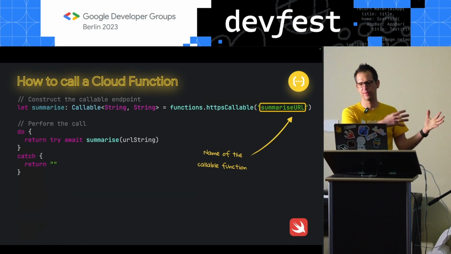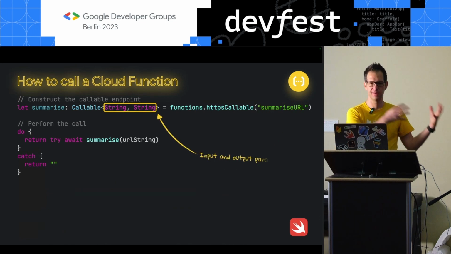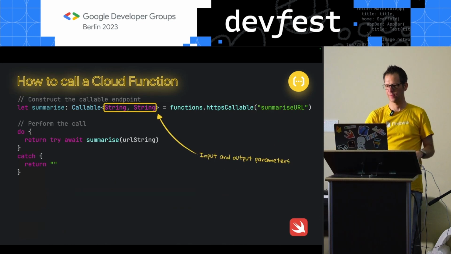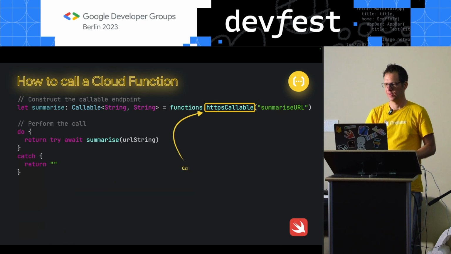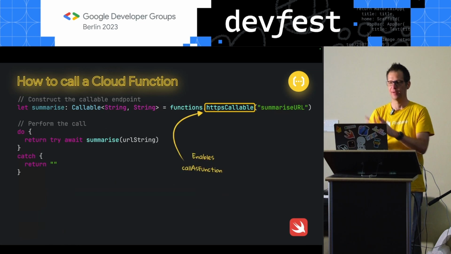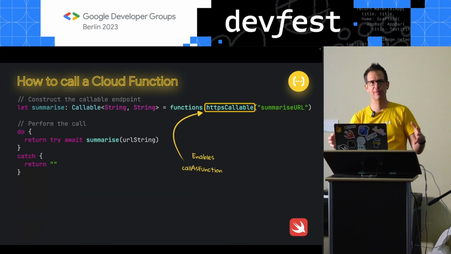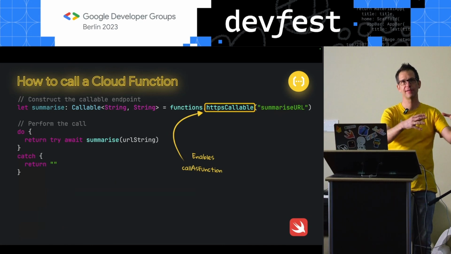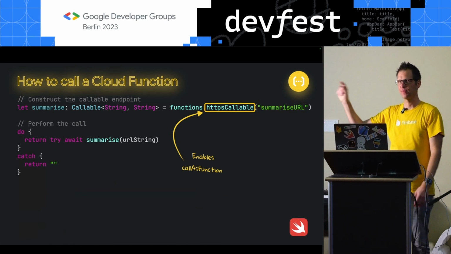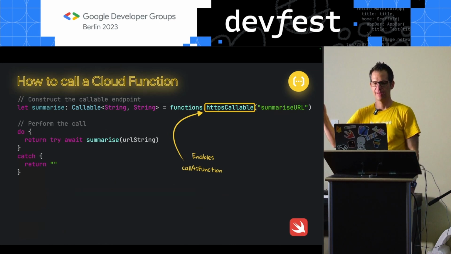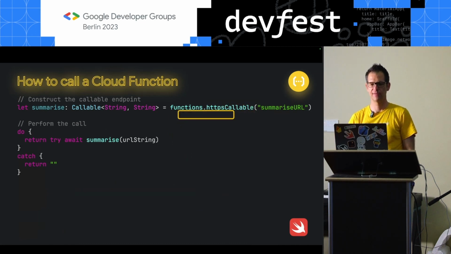So first of all, you need to provide the name of the callable function. Then you need to tell it what the input and output parameters are. This here enables callAsFunction, which is a very nifty feature of Swift, which enables you to define a class and then say, well, this very specific method on the class, I want to call that as a function without ever having to instantiate the class.